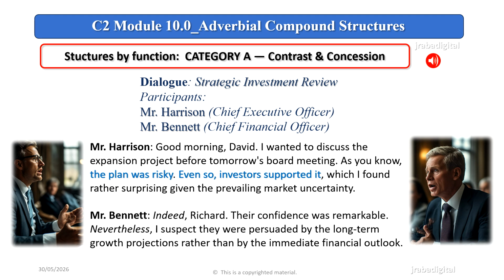As you know, the plan was risky. Even so, investors supported it, which I found rather surprising given the prevailing market uncertainty. Mr. Bennett: Indeed, Richard, their confidence was remarkable. Nevertheless, I suspect they were persuaded by the long-term growth projections rather than by the immediate financial outlook.